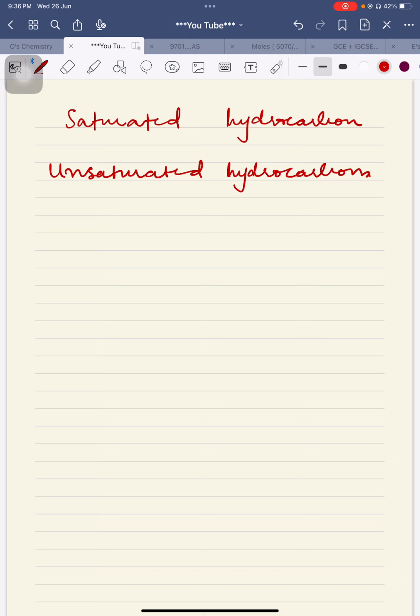What are alkenes? Those compounds having at least one carbon-carbon double covalent bond. What are alkynes? Those which have at least one carbon-carbon triple covalent bond. So here I am going to write carbon-carbon single covalent bond, carbon-carbon double covalent bond, carbon-carbon triple covalent bond.